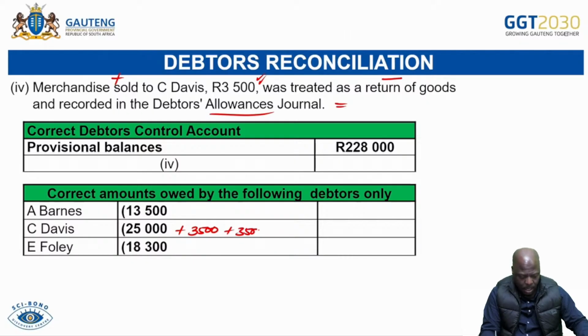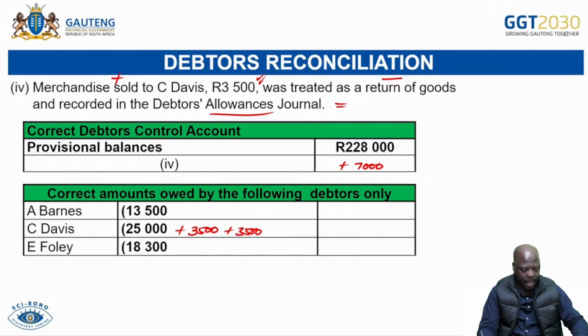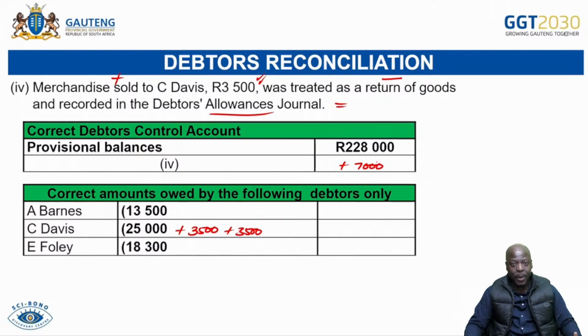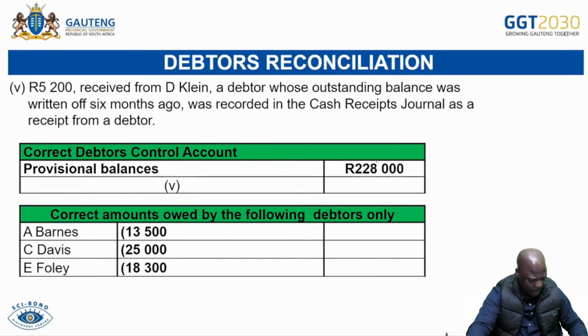Then we do the same in the control: plus 7,000. That is how it would be done. Can I go on? Let's go on to the next one. The next one then reads, which is now number 5.